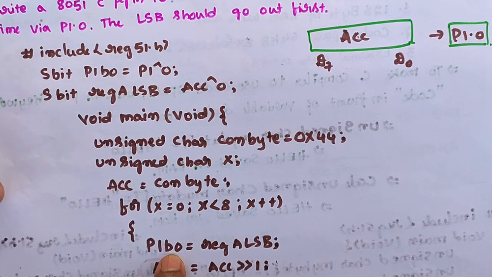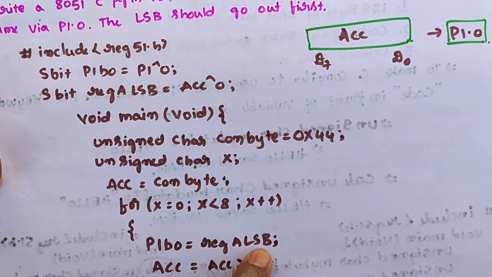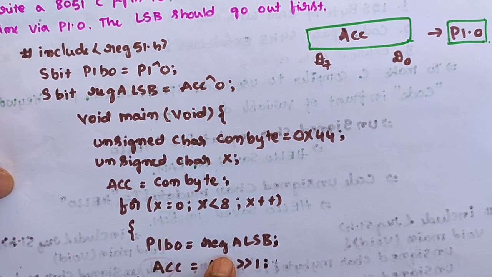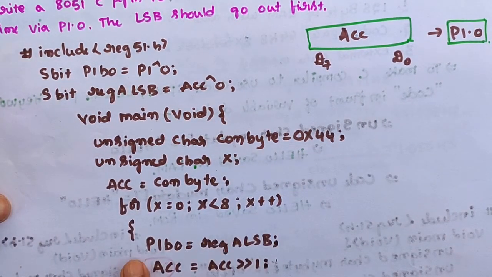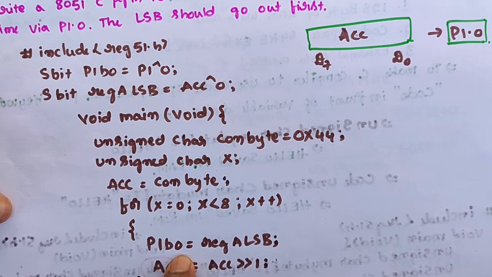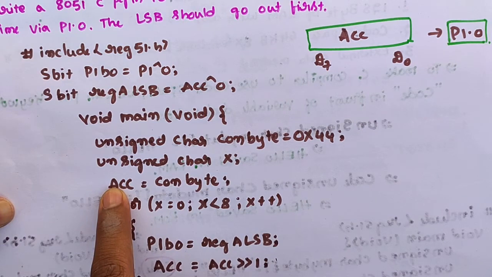So port 1 bit is assigned the value of the accumulator's LSB, that is, the accumulator is loaded with this 44. So the first port 1 bit is loaded with the LSB of the accumulator, that is 44.